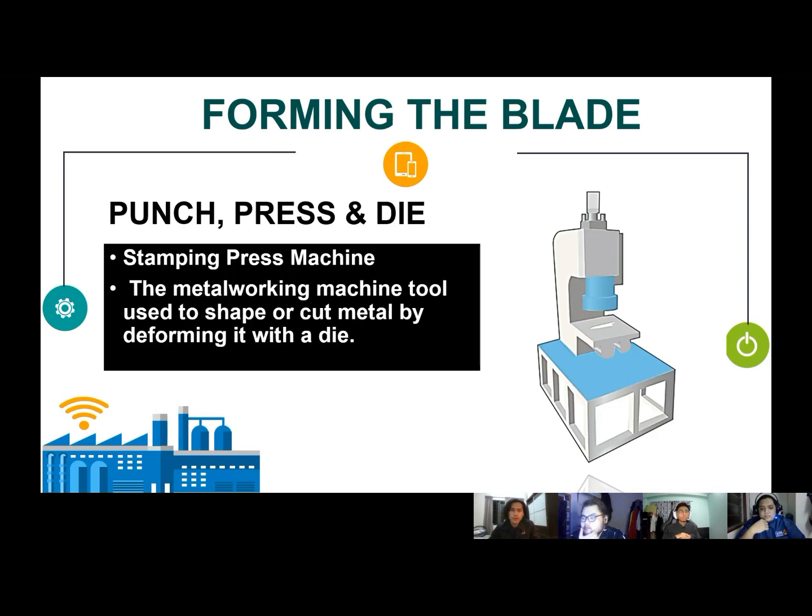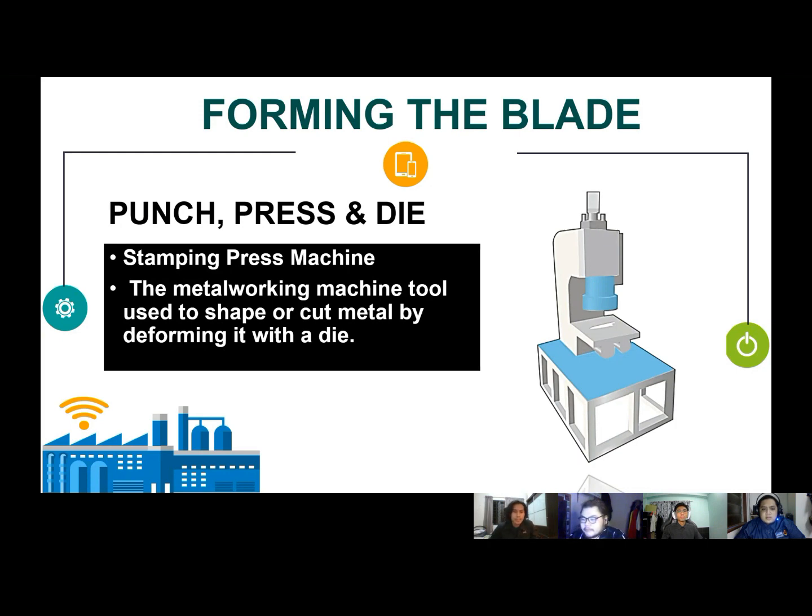So to form the blade, the process that we use in the manufacturing process is punch, press and die, which is the process in the stamping press machine.